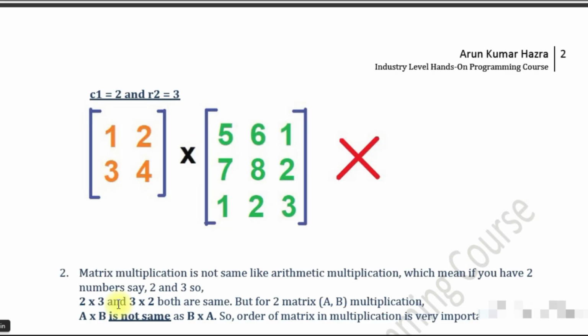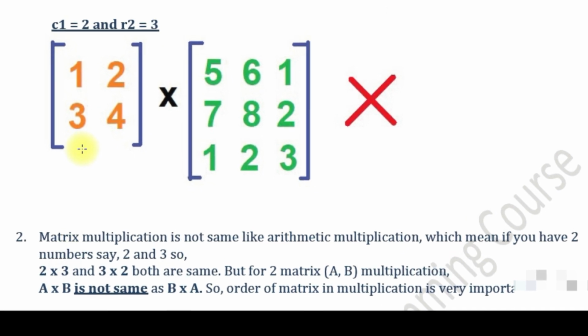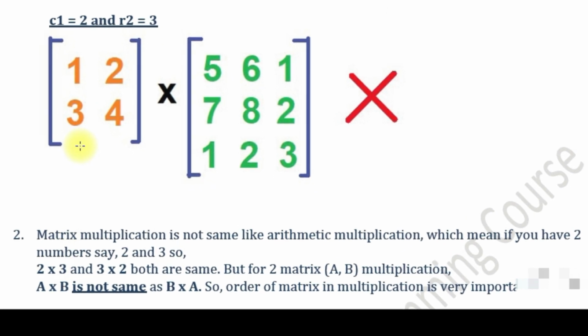Now the second consideration we have to understand is that matrix multiplication and normal arithmetic multiplication are not the same. What I mean to say is, if you multiply 2 into 3, you get a result of 6. Even if you change the order, that is 3 into 2, you get the same result, 6.